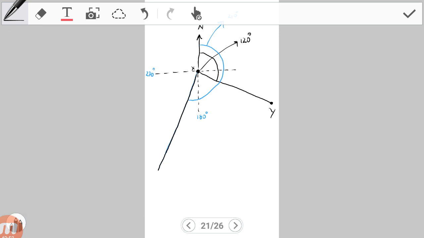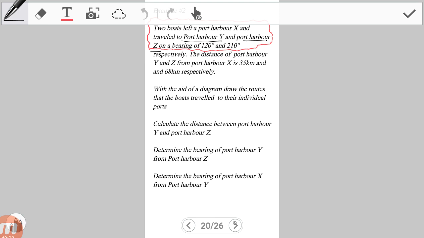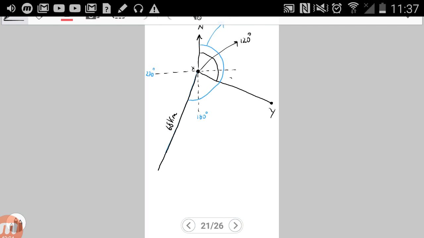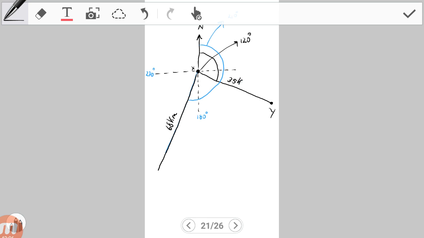This would have been 68 kilometers, and this line here would have been 35. We want to try to make the diagram as realistic as possible. It makes no sense to draw this line shorter than this one, because this line is in fact shorter in terms of dimension than this one. So we would have something like that. That is the diagram here.